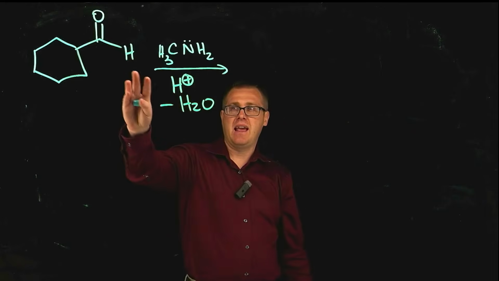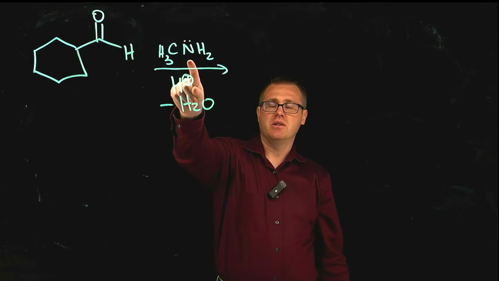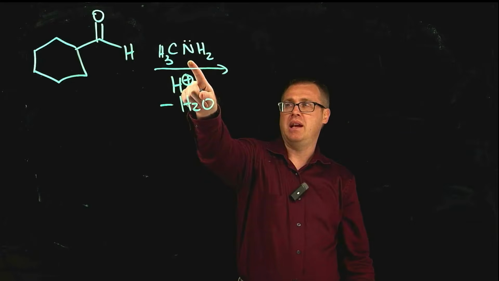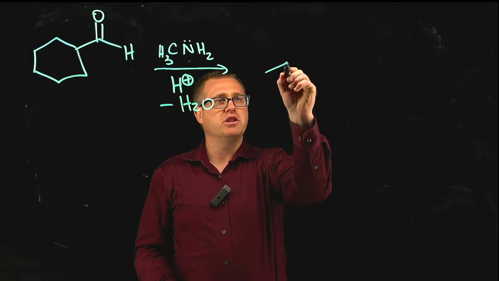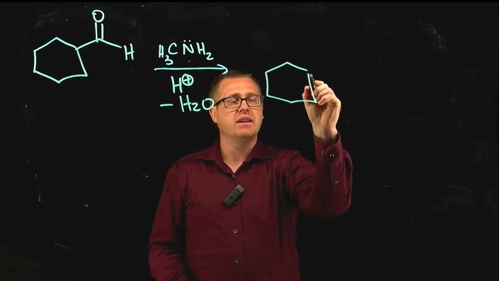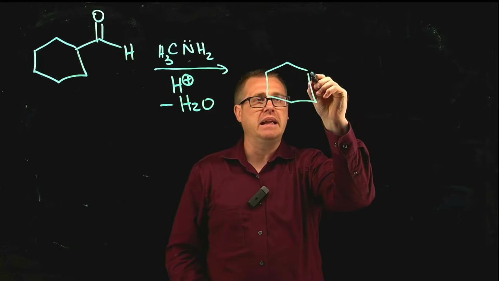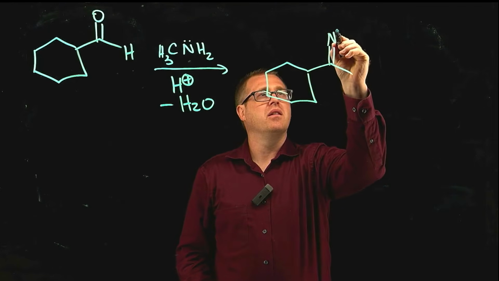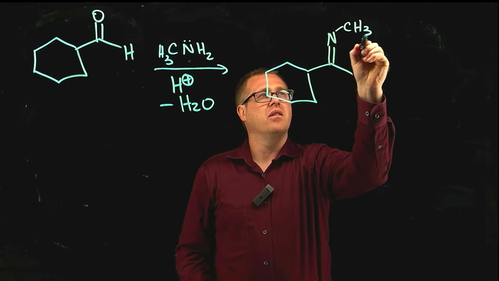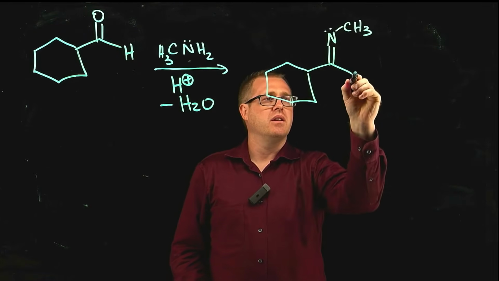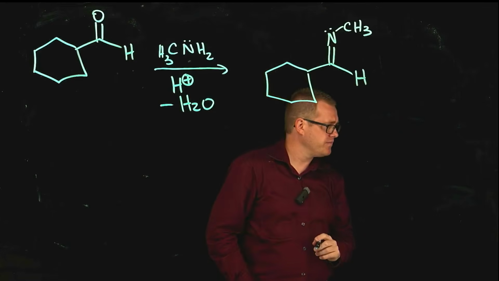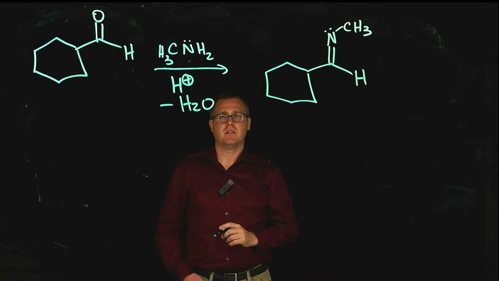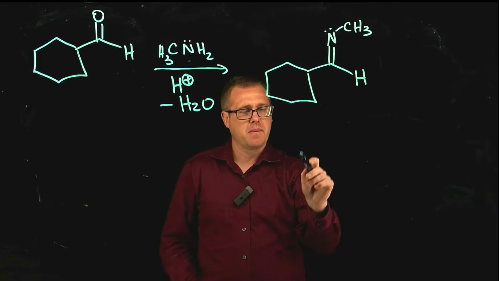Now, when we take an aldehyde or ketone and treat it with a primary amine, what we're going to generate is something called an imine. And that would be like that. Now let me write it out.